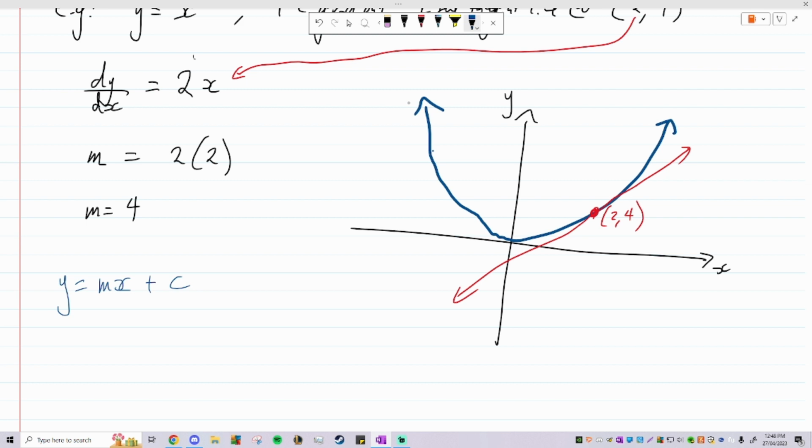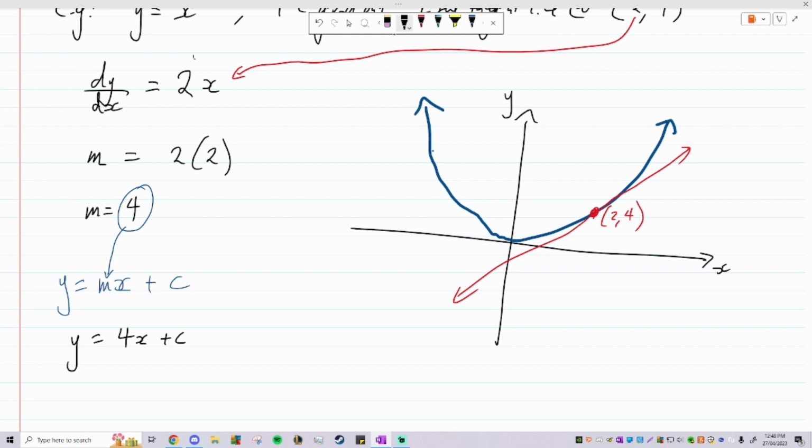So pretty much all we're doing is taking it one step further. We found the gradient of the tangent line, but now we're putting it into the form of a straight line equation. So I'm going to take this 4 and plug it in as my gradient. So I get y equals 4x plus c. A very basic straight line equation. Now all I need to do is find c.